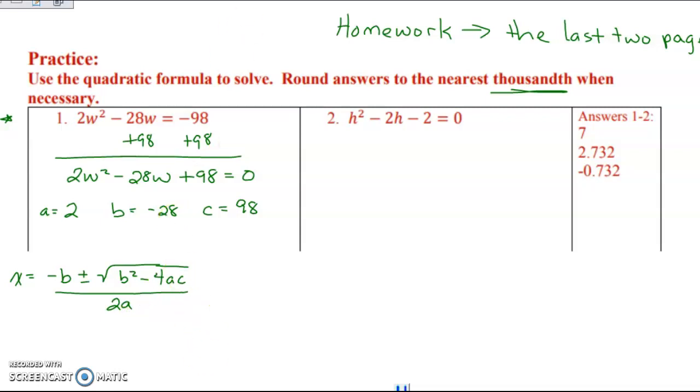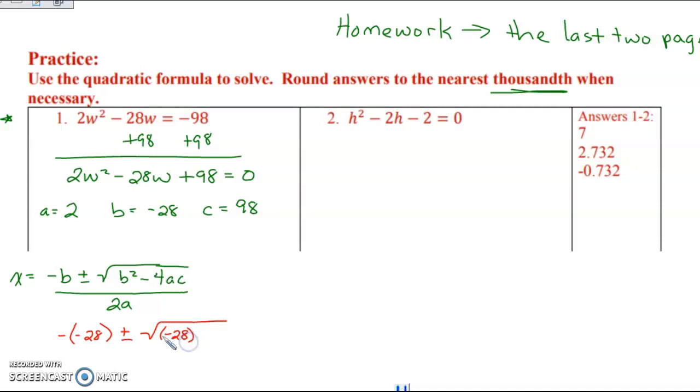So now I'm just going to take that information and bring it down. So negative b, well, b is negative 28, so it's going to be the negative of negative 28 plus or minus the square root of negative 28 squared.